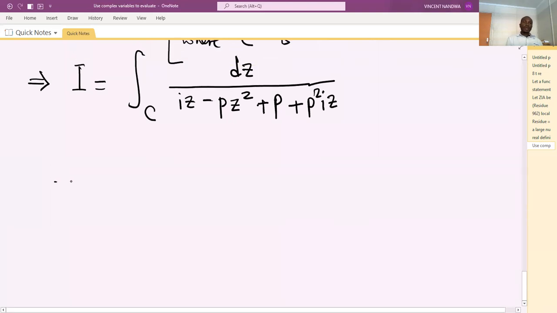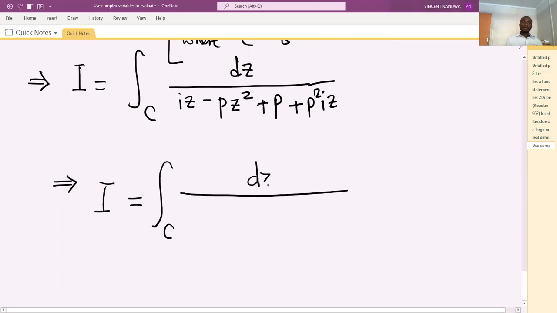So on rearranging, we have I is the contour integral dz. So start with this one, so minus p z squared. Those terms in p, those terms in z, we have this and this one here. So we'll have plus i p squared z, and then plus zi, this term here, and then plus p.